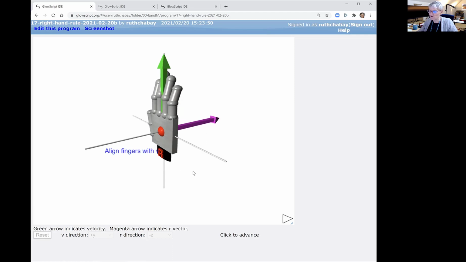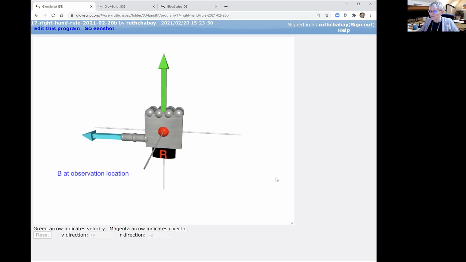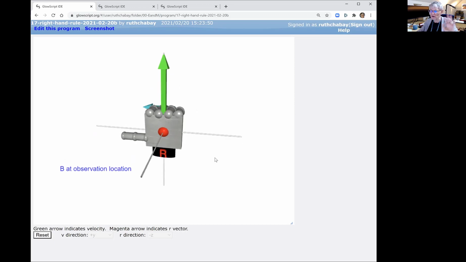So we've aligned our fingers with V. We have to rotate our wrist so that we can fold our fingers toward our hat. Well, it's actually already okay. So we fold our fingers toward our hat, and now our thumb sticks out in the minus x direction. And that actually was the direction of the magnetic field. So that looks like it works, right? If the charges are moving up, then we get the right direction.